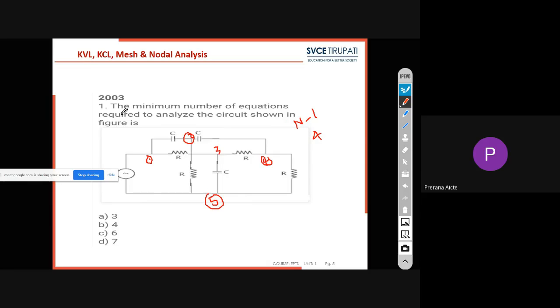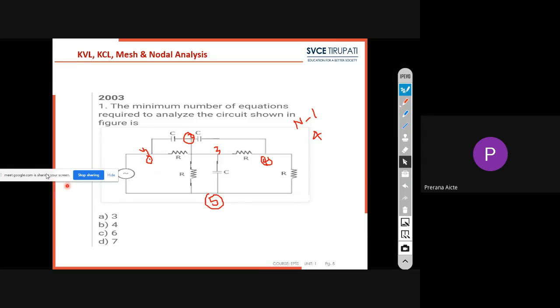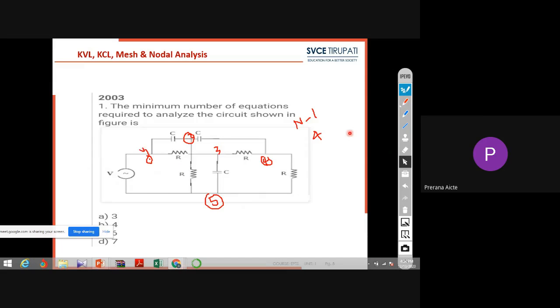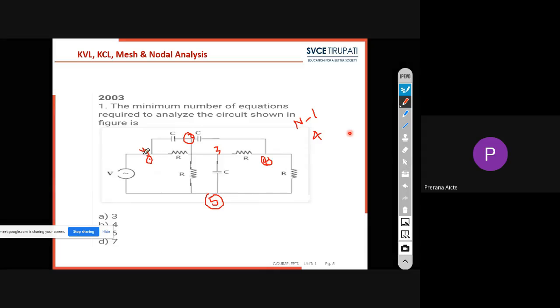But the question asks for the minimum number of equations required to analyze the circuit. If you go for the nodal analysis, what is the value of V1? The value of V1 is V, the independent voltage source, equal to the node voltage.